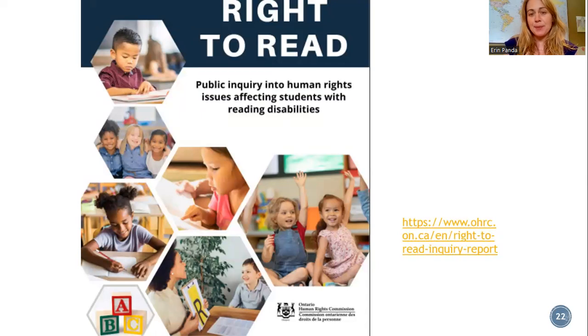So I'm going to use the example of how we could measure improvements in reading outcomes in children. This is really important. A few years ago in Ontario, the Human Rights Commission conducted an investigation and revealed their Right to Read report, which basically shows that schools in Ontario may not be meeting the needs of many children who struggle with learning how to read and could be contributing to our high rate of dyslexia in the population.